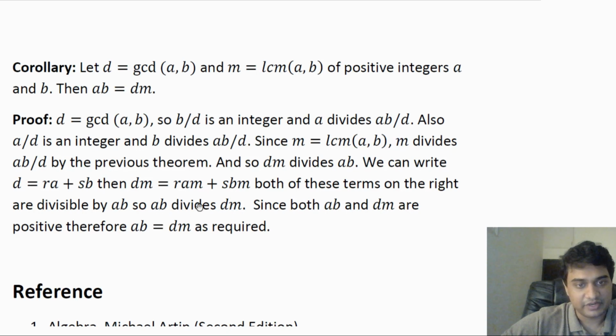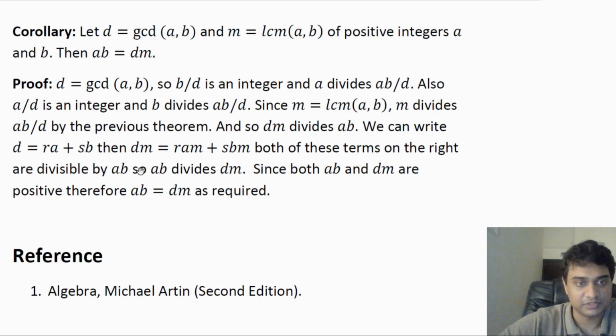So AB divides RAM, and AB divides SBM as well, because M is also a multiple of A, so M equals some integer times A. So AB also divides the second term SBM. Therefore, since it divides both terms, it divides DM.